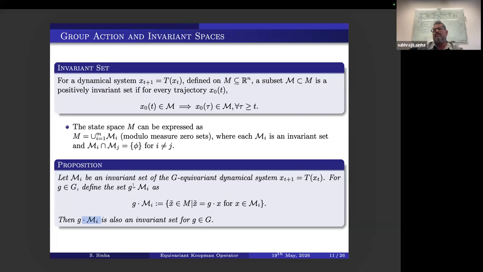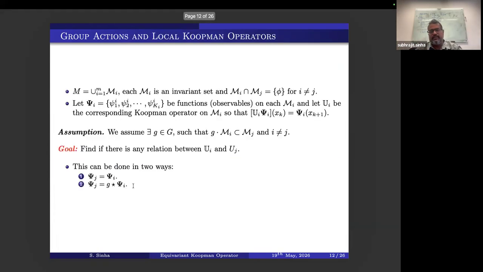This makes sense: the group acts transitively on the system itself. We use this to come up with these relations in the finite dimensional approximation case as well.